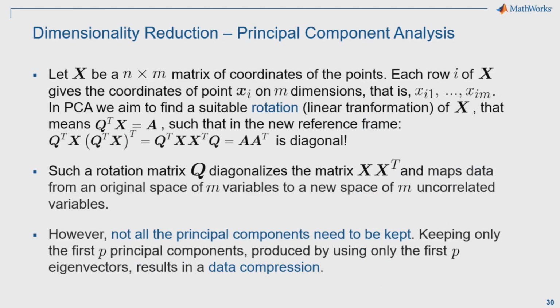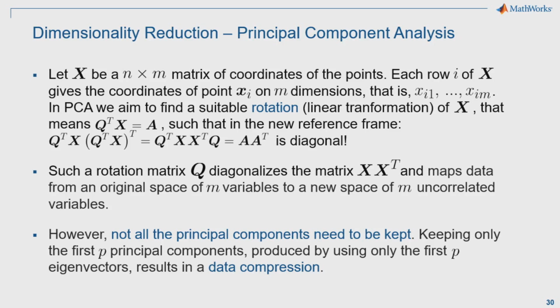So this is a more detailed slide which explains how this rotation can be obtained. This deals with the concept of eigen decomposition of a matrix, or singular value decomposition of a matrix, and in particular what PCA aims to do is to find a rotation whose outcome is to obtain a diagonal matrix, essentially.